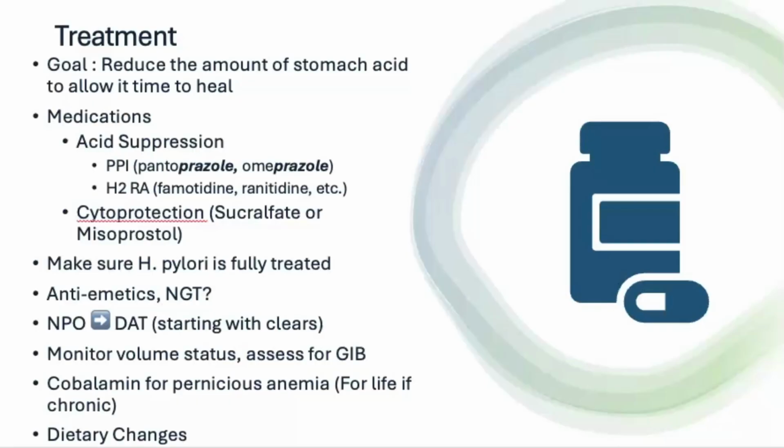We want to monitor volume status, make sure the patient's not dehydrated or hypovolemic. And then you also want to assess for GI bleed, so looking at vital signs, lab trends, and so on. And as I mentioned, if this is someone with chronic gastritis, they're going to need that B12 supplementation for life.